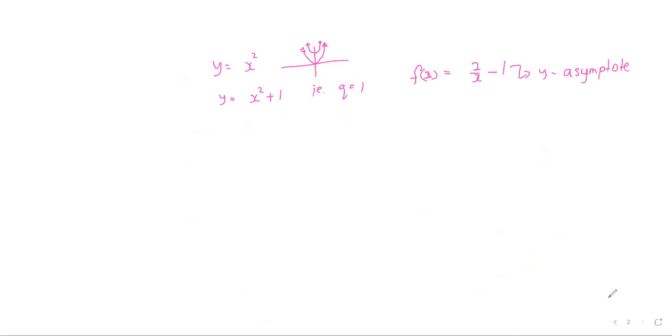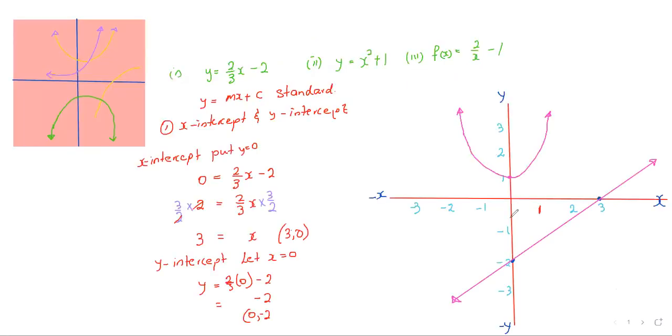So if we go back, we expect the function never to touch minus 1 there. And then you know that x as well cannot equal 0.